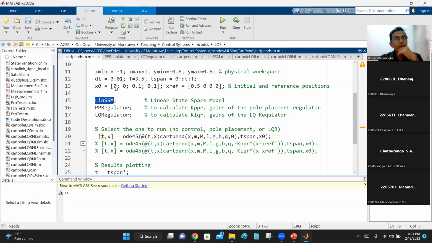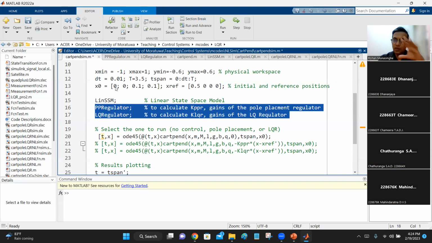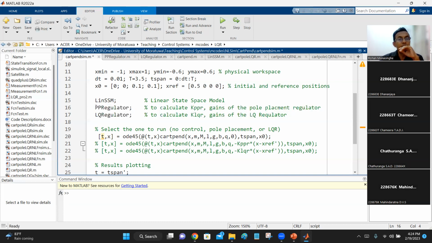Okay. And after that, we have two controllers here. We are not discussing them today, maybe next week. We have PPR, PP regulator. What is PP regulator? Can somebody figure that out? What is PP regulator? It is the pole placement regulator.